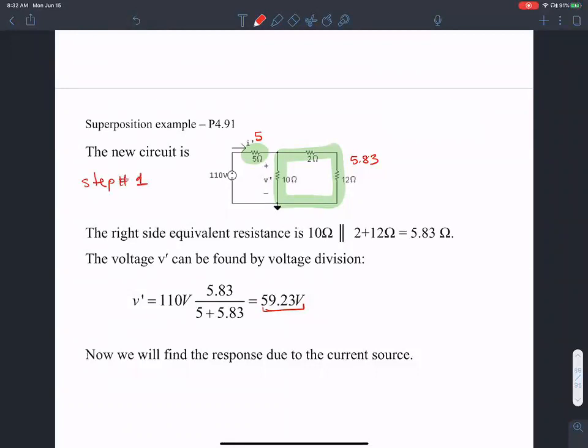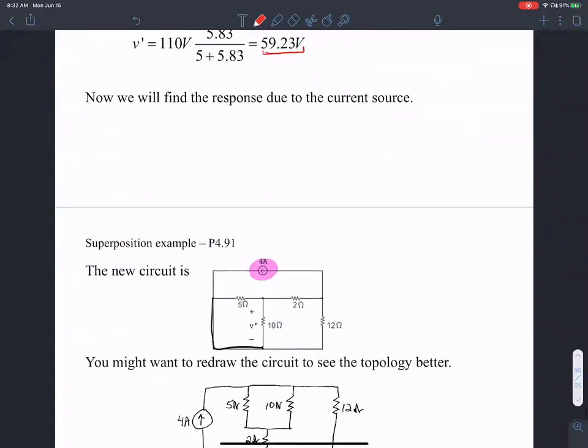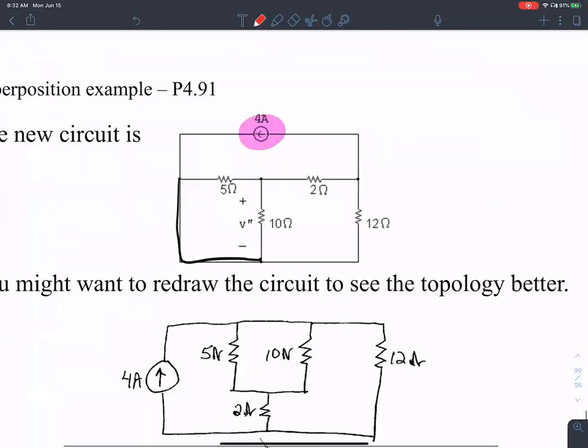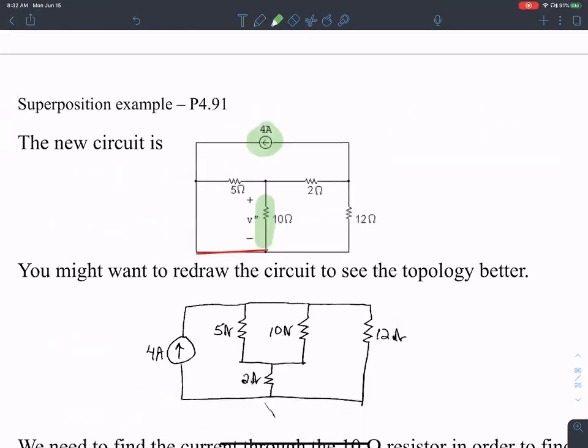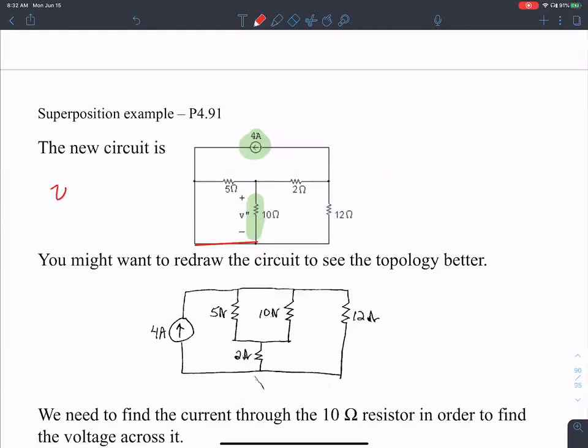Then there is step number 2, which is to deactivate this voltage source here by replacing it with a short, and then calculate the effect of this current source to get V double dash. That's step 2.